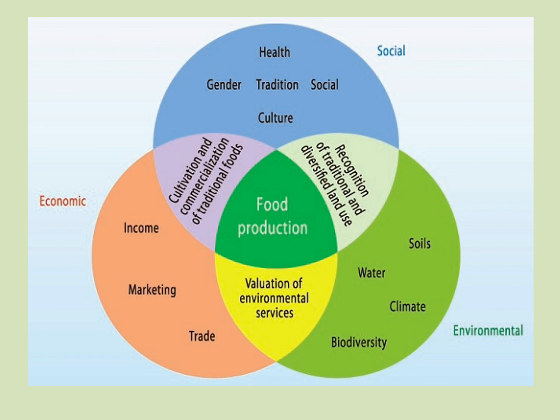This graphic shows the ideal of a food system that is able to be productive while balancing economic, environmental, and social needs.